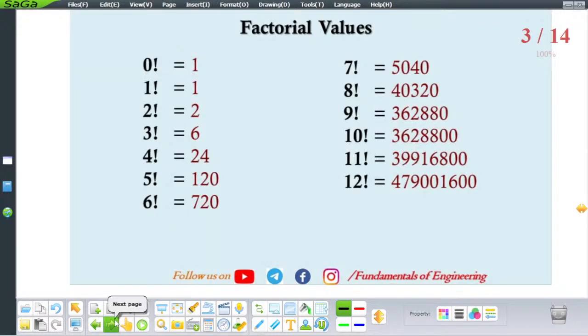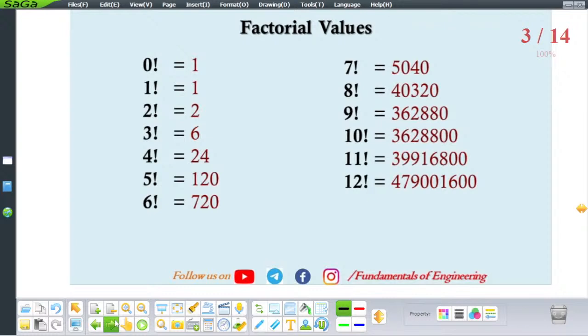So before starting that, I request you all to take a screenshot of these factorial values, because these factorial values are very much required whenever you are calculating the answer. You have to remember all the factorial values.